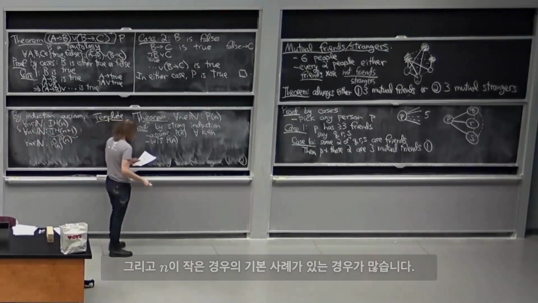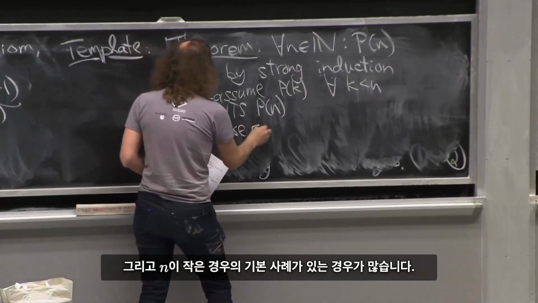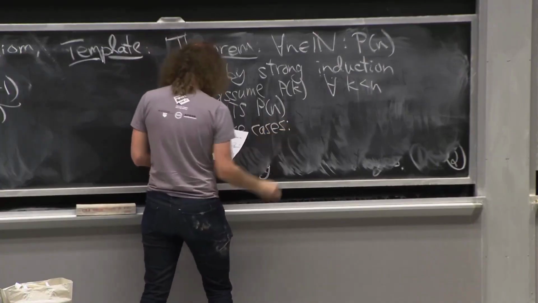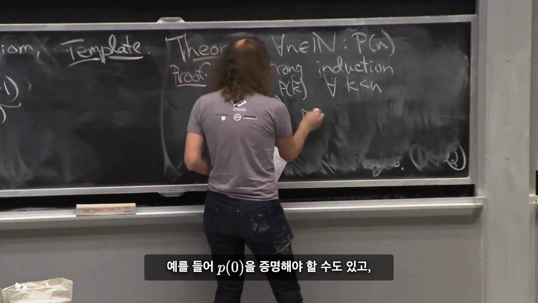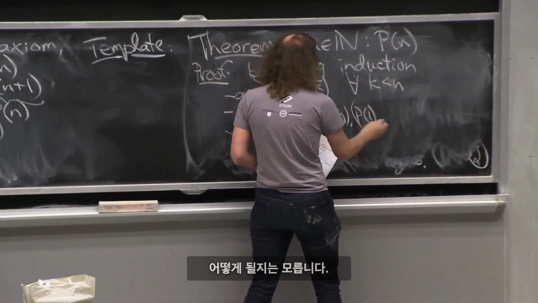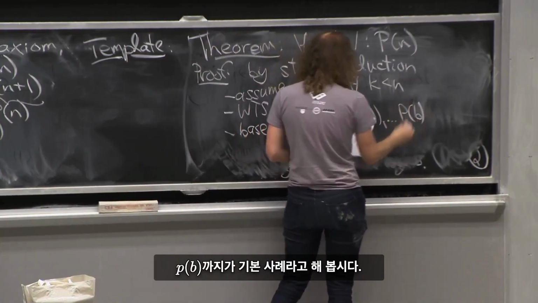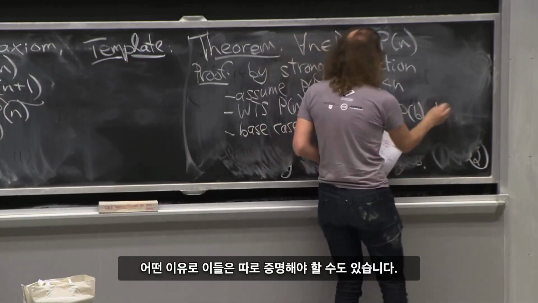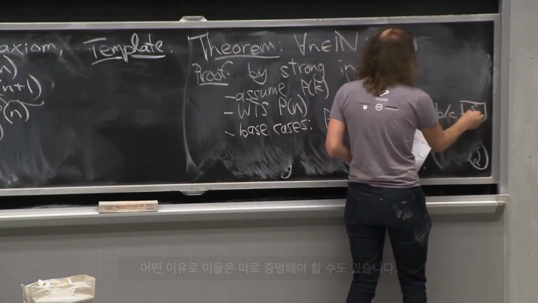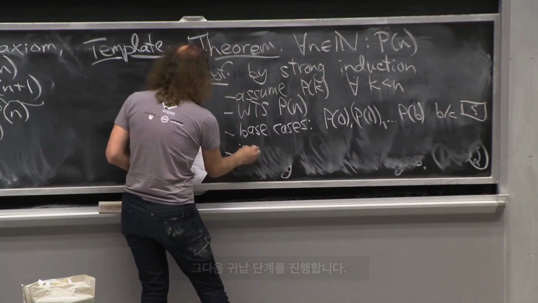Well, it might depend. Often, we have some base cases where n is small. So maybe we have to prove P of 0. Maybe we have to prove P of 1. Who knows? Let's say up to P of little b are the base cases. Maybe you have to prove those specially for some reason. Okay, then we do an induction step.